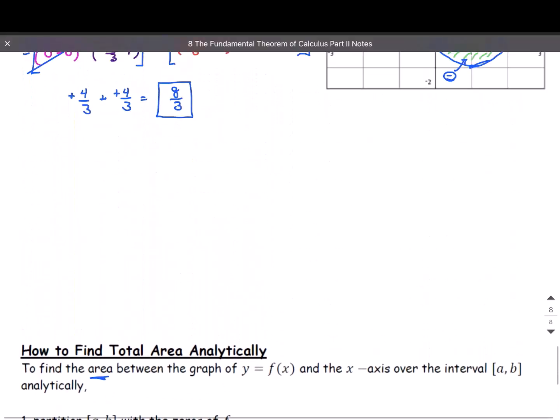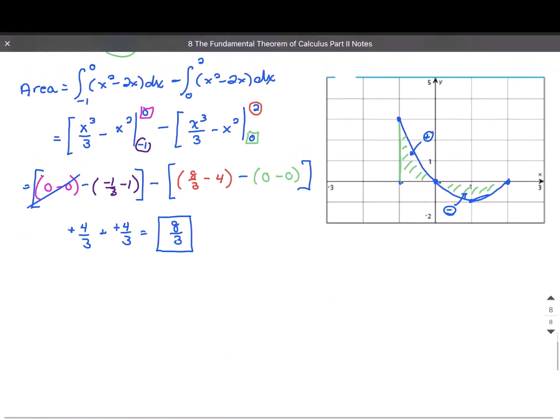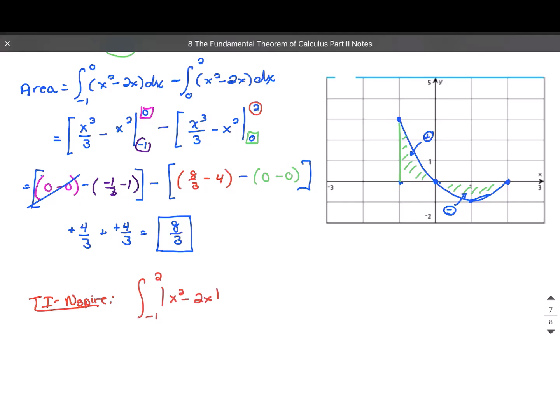So in other words, if we went back to this problem and we went to our TI-Nspire, we could type in the integral from negative 1 to 2 of the absolute value of x squared minus 2x dx, and it should give us this same answer of 8/3. Let's go take a quick check on our calculator.